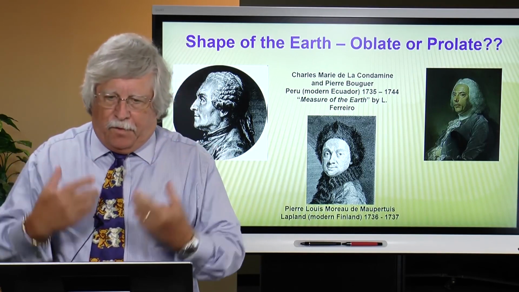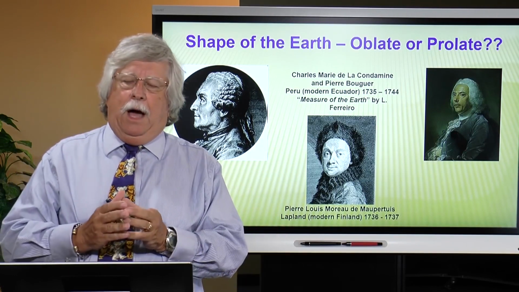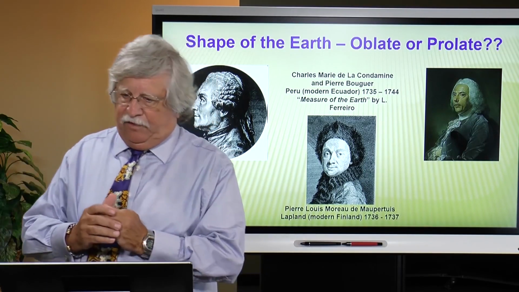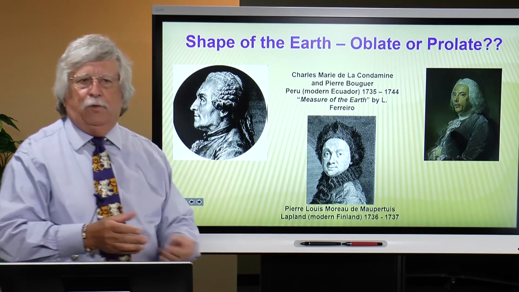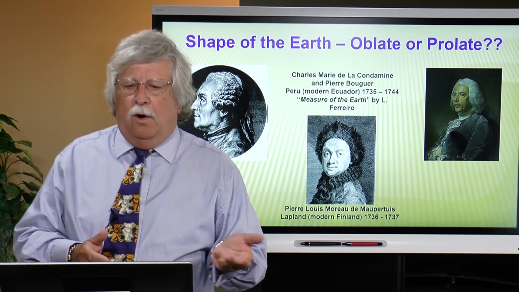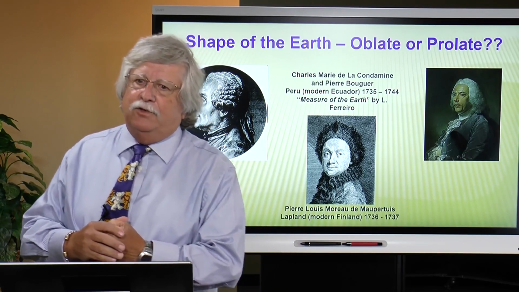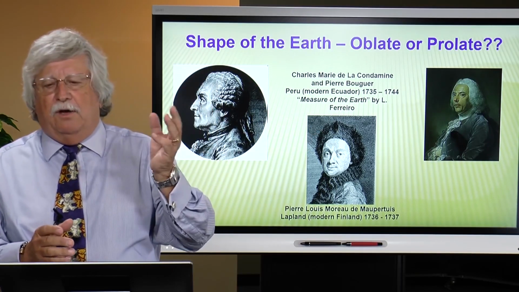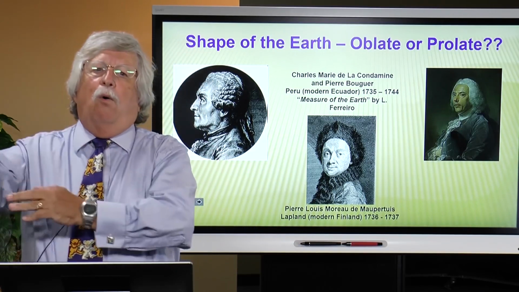So they are tasked with going to Peru near the equator and performing a measurement along a meridian. At the same time, the gentleman at the bottom, Pierre Maupertuis, goes to what was then referred to as Lapland, which is contemporary Finland. He goes off and he's now going to measure the same thing, but closer to the pole.